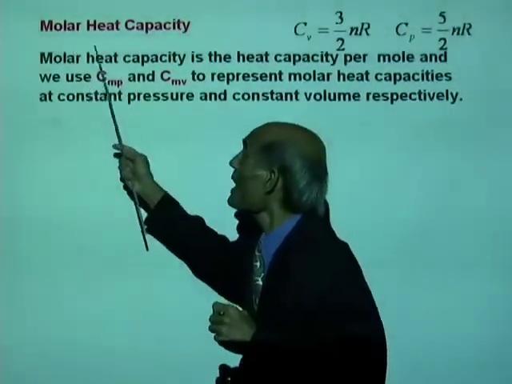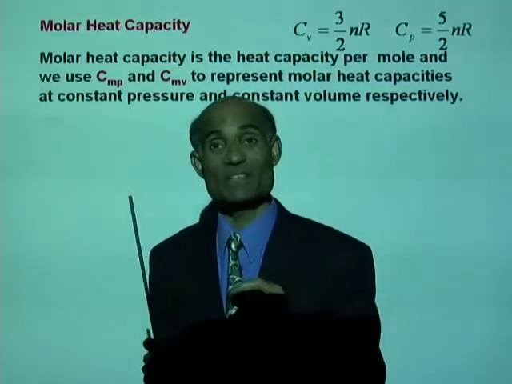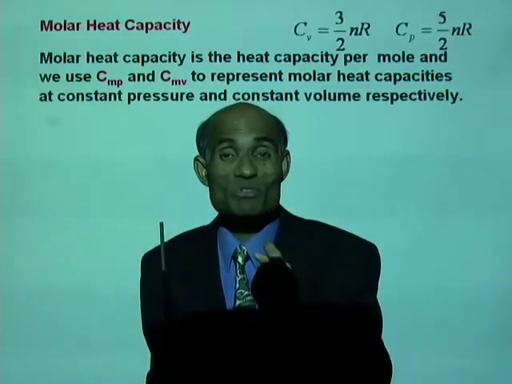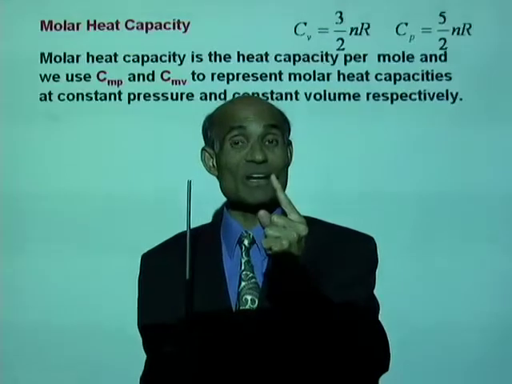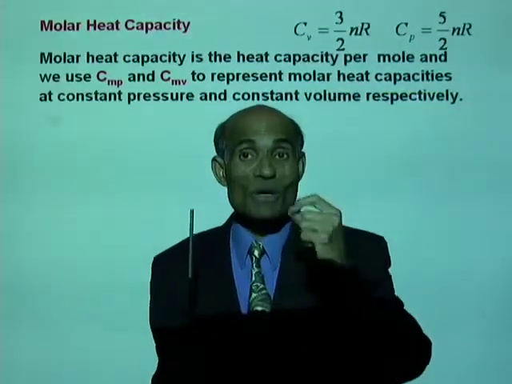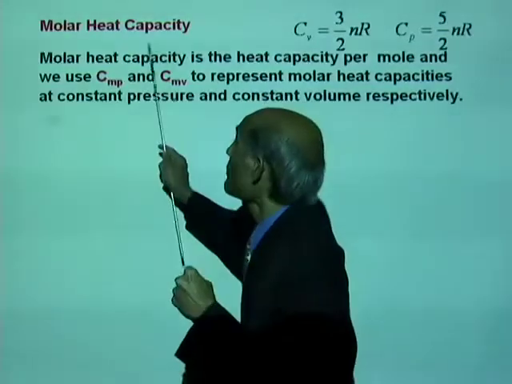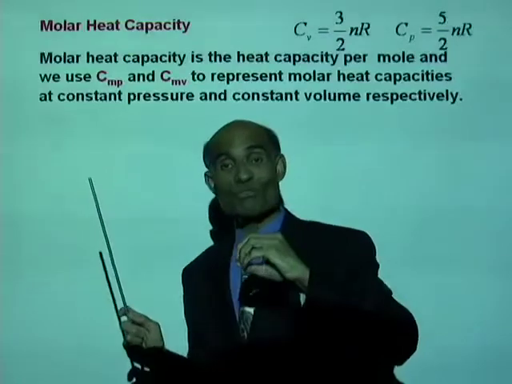What is molar heat capacity? Molar heat capacity is the amount of heat needed to raise the temperature of 1 mole of a given gas at constant volume. You increase the temperature by 1 Kelvin, and that will be the molar heat capacity at constant volume.